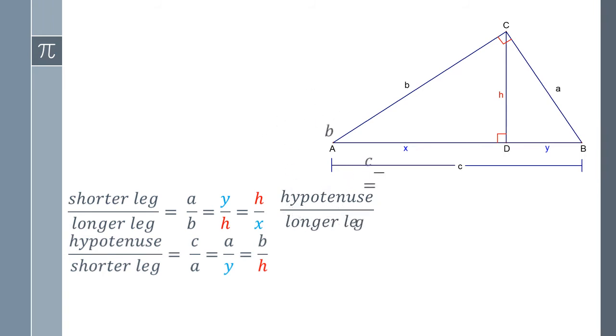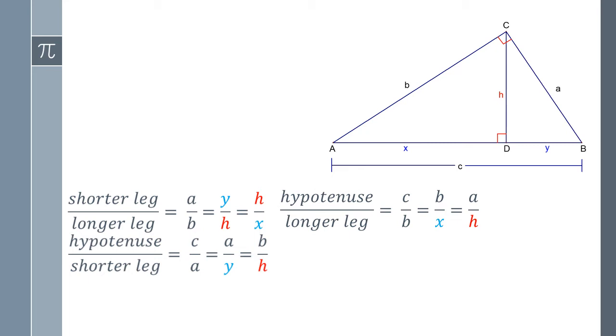Last thing we want to look at is the hypotenuse to the long leg. So C over B in the big triangle, right? C is the hypotenuse, it's across from the right angle. B is the largest angle other than the right angle, so B is the longer side.